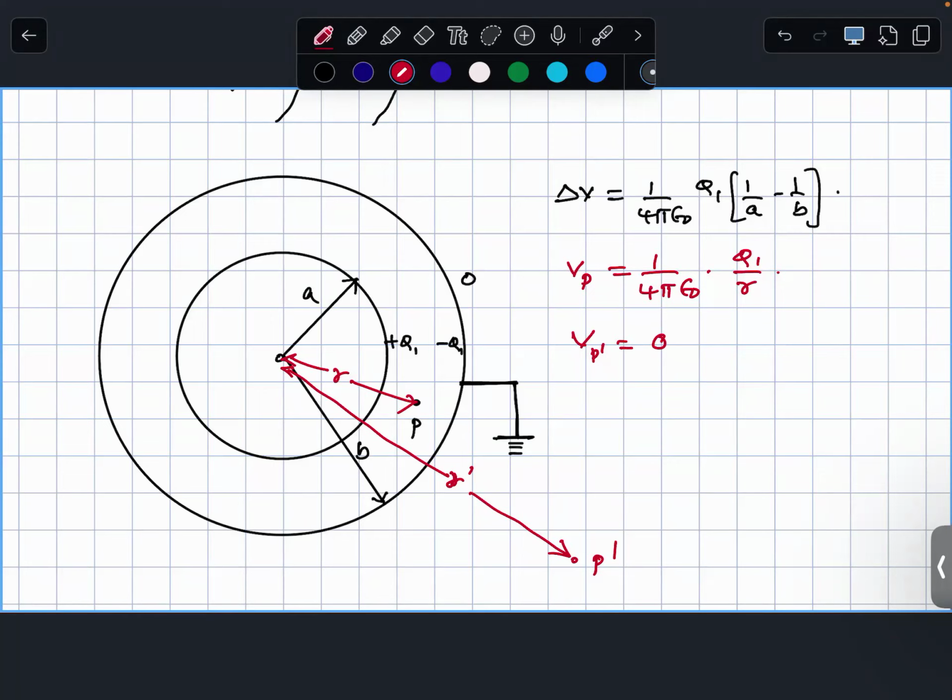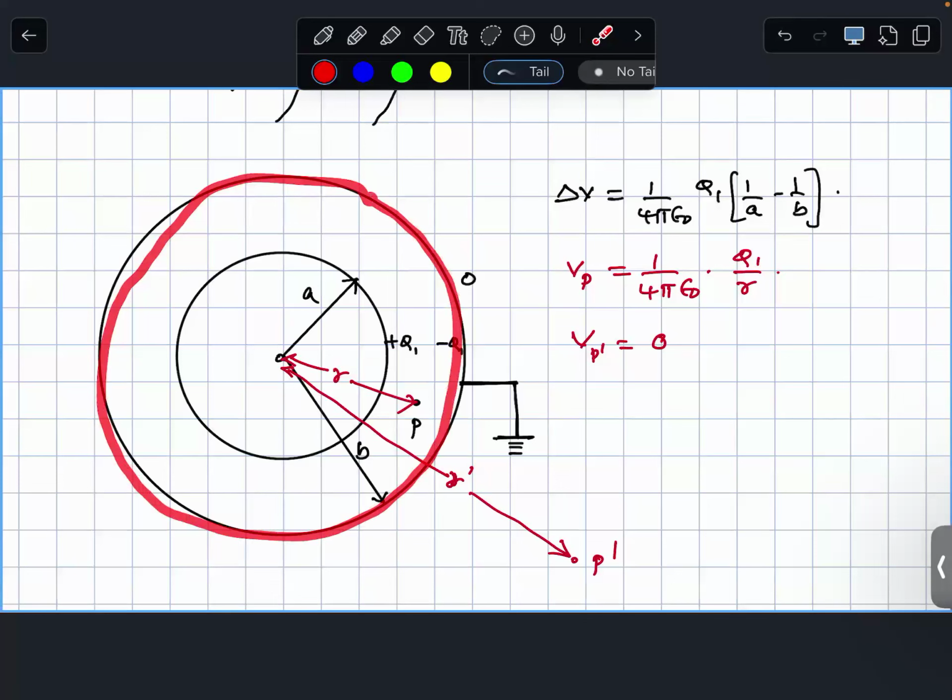Yes. What is the charge enclosed by this outside sphere? 0. Net charge enclosed by this system: inside Q1, outside minus Q1, net 0.